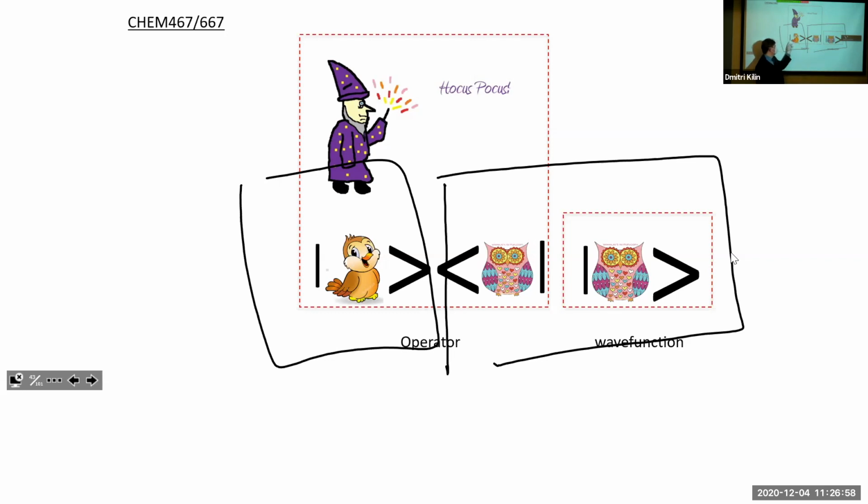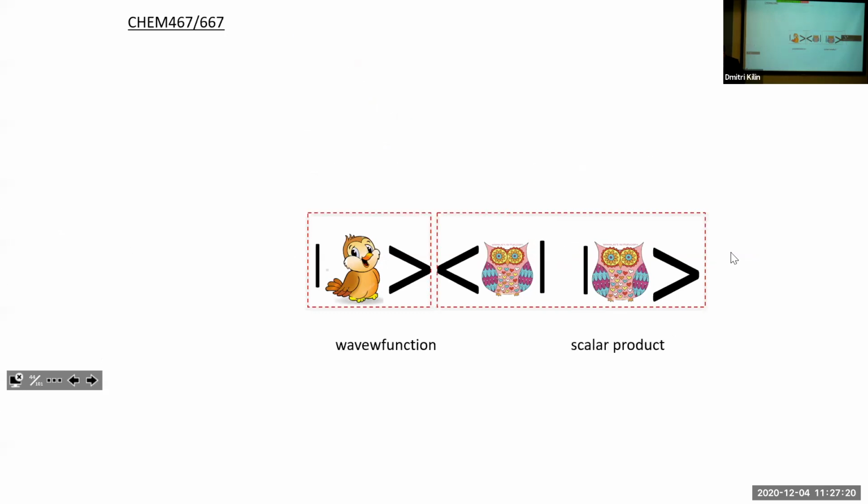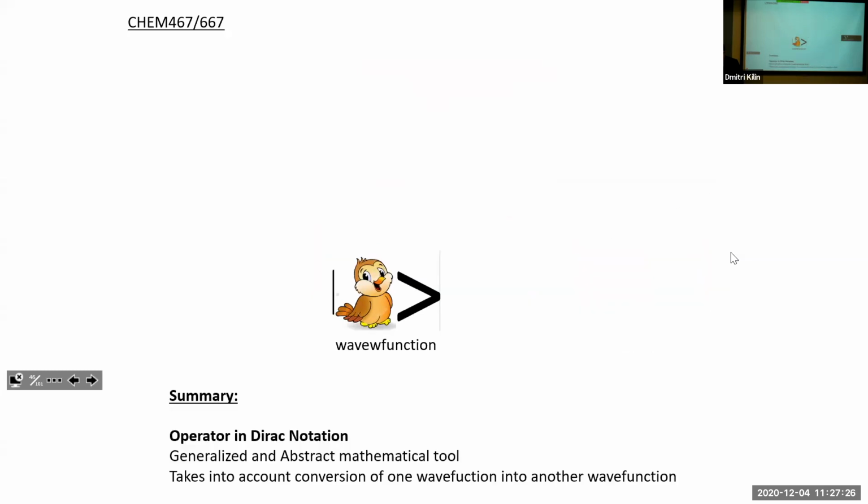The box to the left is the ket vector of the scalar. So as a result of applying this operator to the state, we are getting another state. I'm not a good drawer, right? The function, scalar product, getting wave function, quantum state. Make sense?